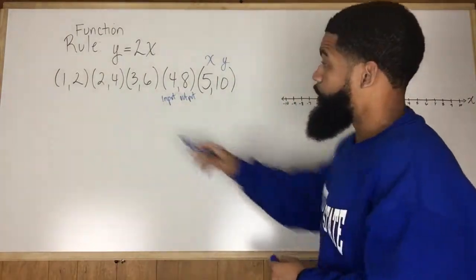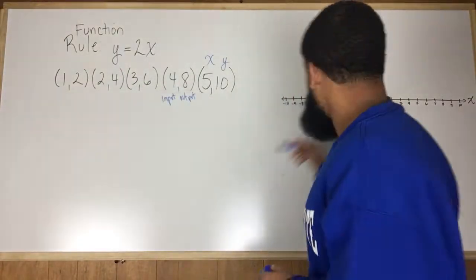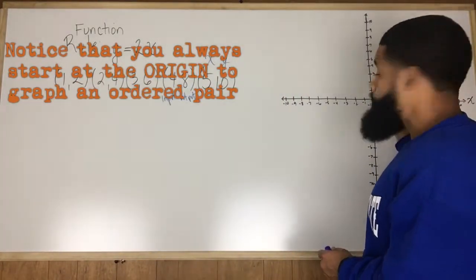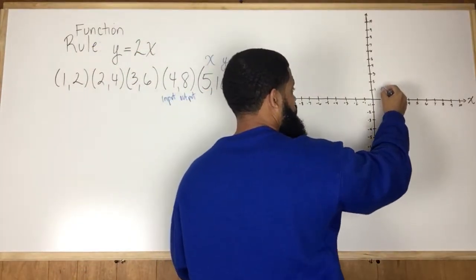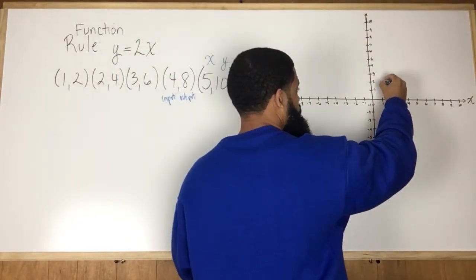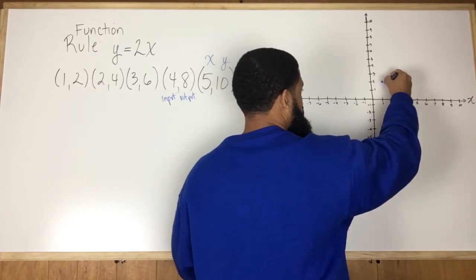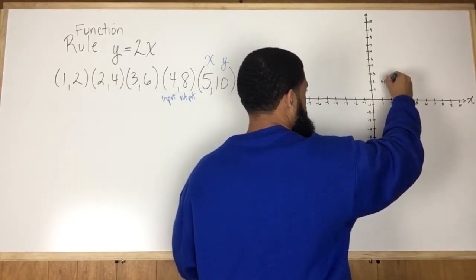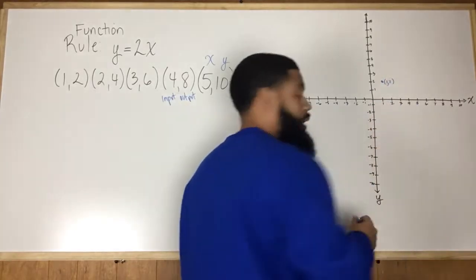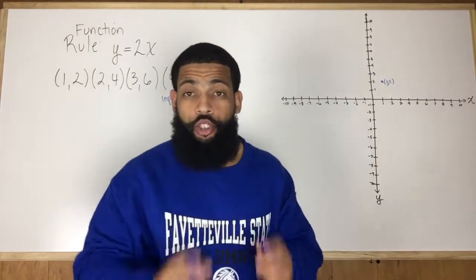All right. So we have the ordered pair 1, 2. Now everything starts from the center, and we're going to go to the right 1, and then we're going to go up vertically 2. So we have the ordered pair 1, 2.